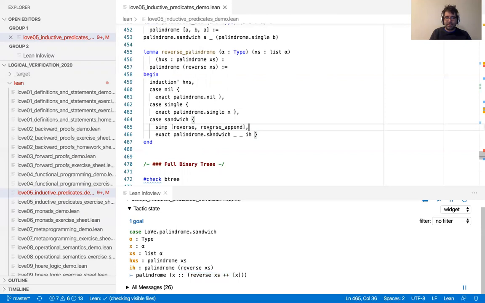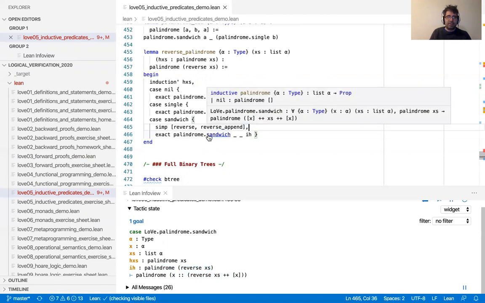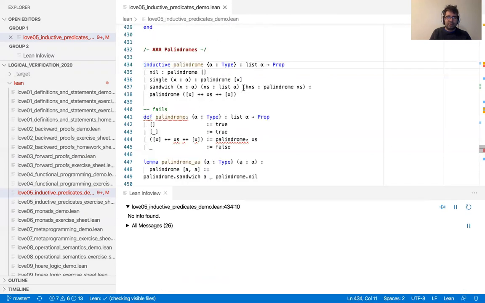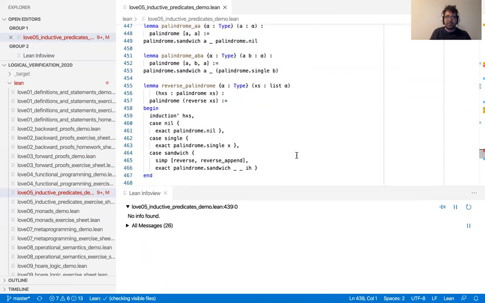I can just apply directly the third introduction rule, exploiting the induction hypothesis here, because we need the induction hypothesis when applying the sandwich rule. It requires, of course, the body here to be a palindrome, which is exactly what the induction hypothesis gives us.